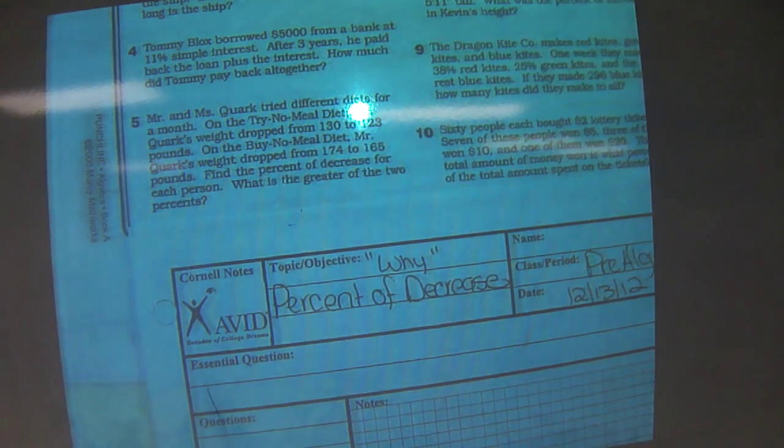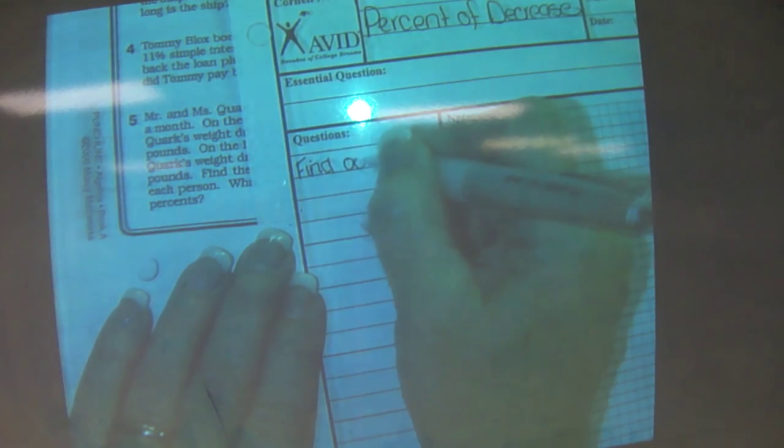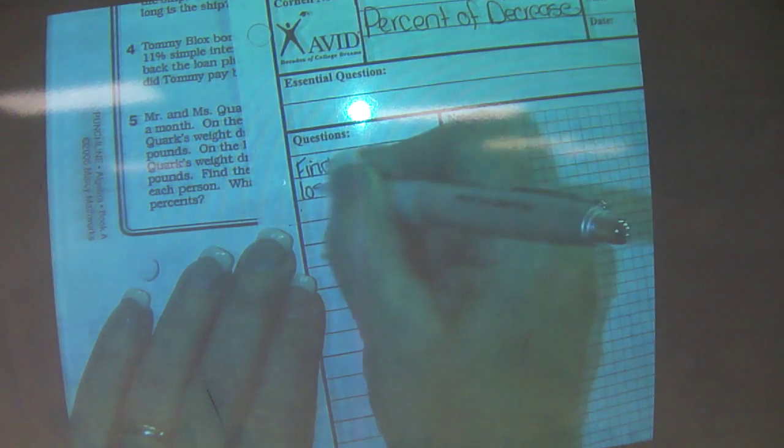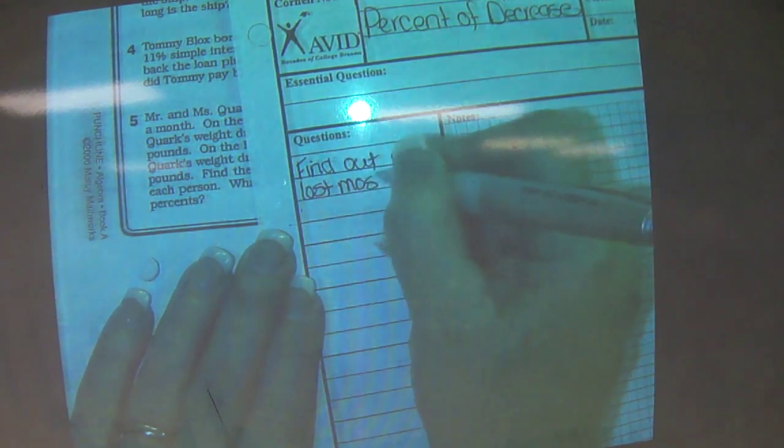Okay, so in problem number 5, what happened was Mr. and Mrs. Quark are having a weight-losing contest. And they tried 2 different diets. And so, what we're going to do is find out who lost more weight, but not by pounds, by percentage.